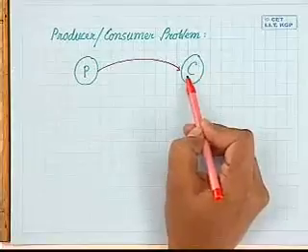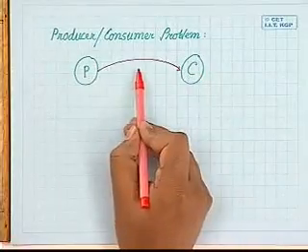Okay. A typical example of this producer-consumer process is the printer. We can say that the computer is the producer, because whenever we want to take printouts of some file, it is the computer which sends the data to the printer, and the printer prints that data file. So the computer in that case is a producer and the printer is a consumer.